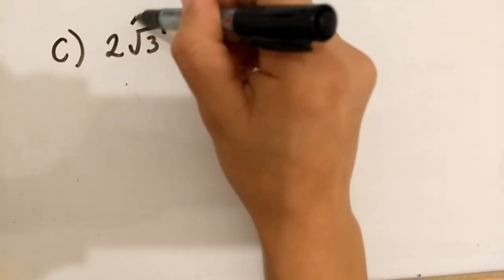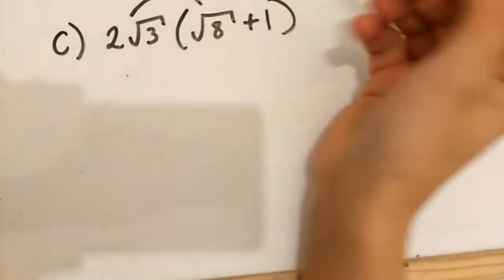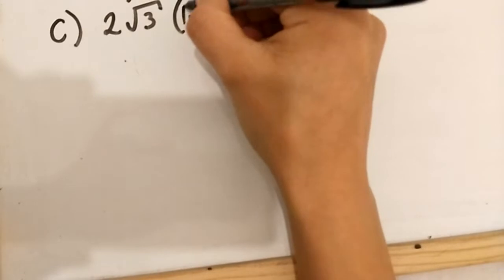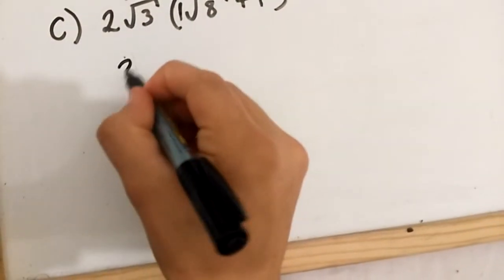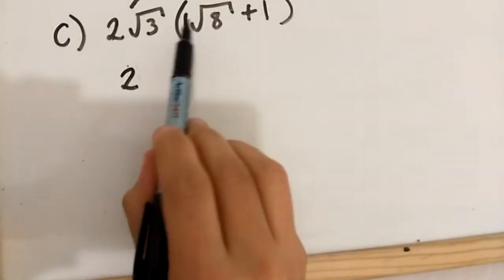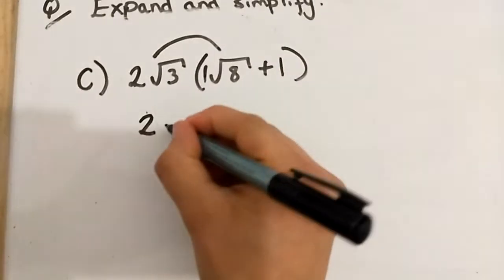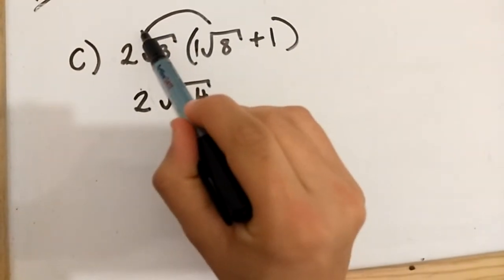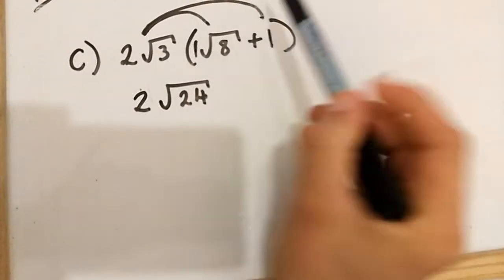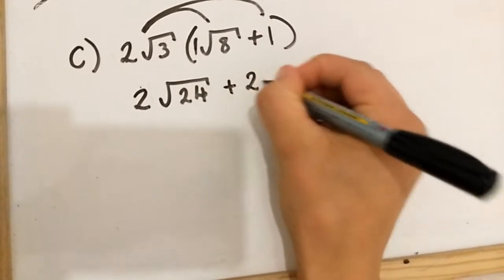So we're going to multiply 2 root 3 by root 8. Now remember that's a 1 root 8. So we multiply the numbers first, 2 times 1 is 2, and then we multiply the surds. Root 3 times root 8 is root 24. 2 root 3 times 1 is just 2 root 3.